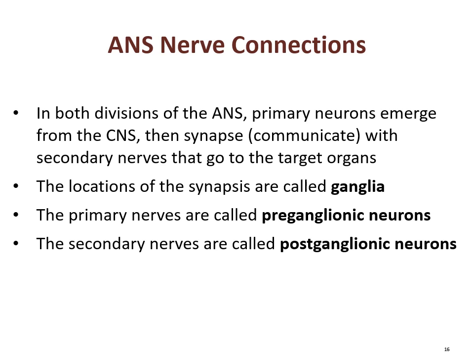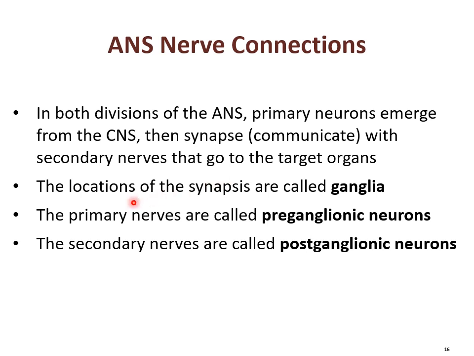But in the ANS, you always have two neurons working together. The primary neuron, the one that exits the spinal column from the CNS, synapses with a second neuron that leads to the target organ.